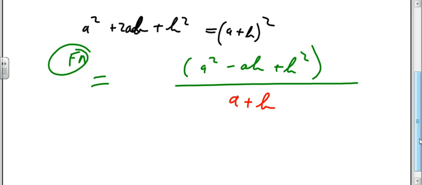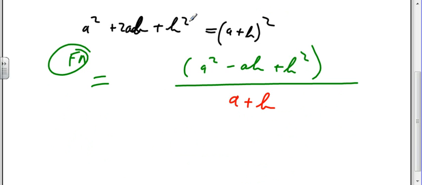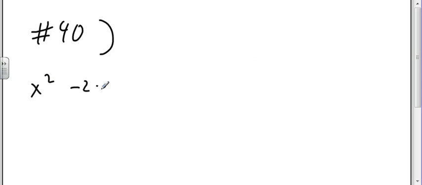Okay, that's that one. Okay, number 40, and then we'll be ready to do something clever like take attendance and go to our next class. Number 40. X squared minus 2xy plus y squared minus z squared.